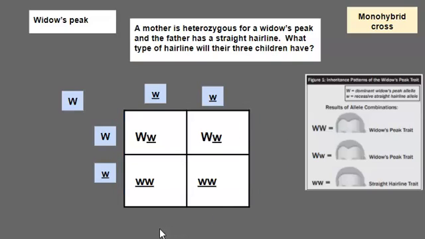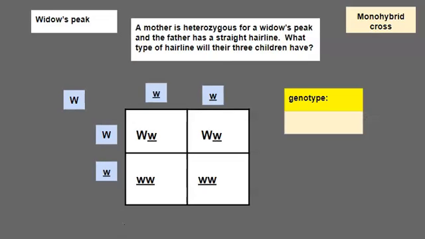So now we can look at the results for this gene combination. The last part to show you is called the genotype and phenotype ratios. And that's where we break down the possibilities from the genetic combination. So in this question, it asks, what type of hairline will their 3 children have?